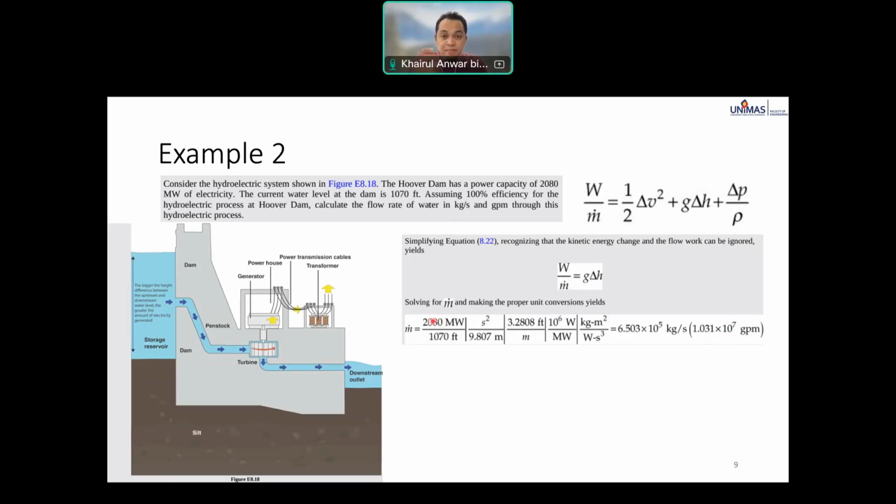So here this is the power, the height h or z, this is the gravity, right? Unit conversion. This is unit conversion.